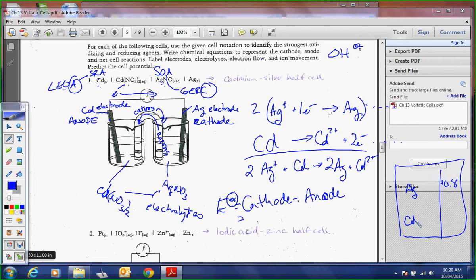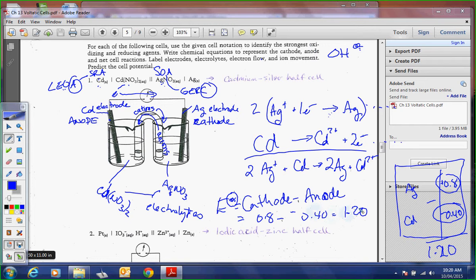It's at negative 0.40, like this. And I'm going cathode minus anode, so what does it equal? 1.20. So 0.8 minus negative 0.40 equals 1.20.